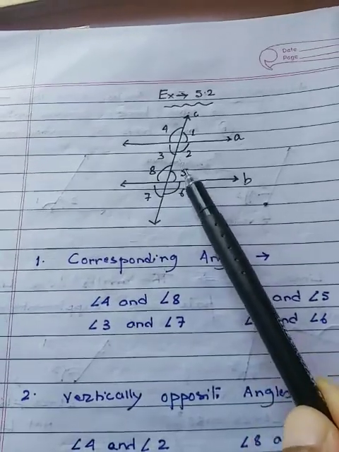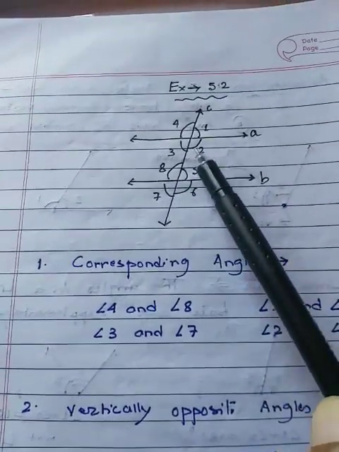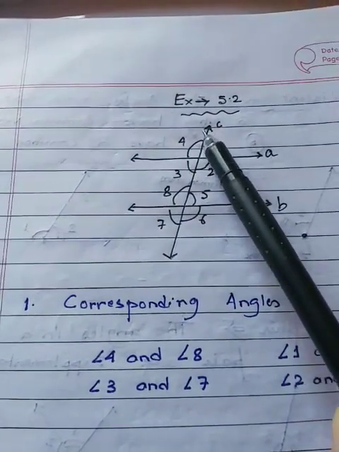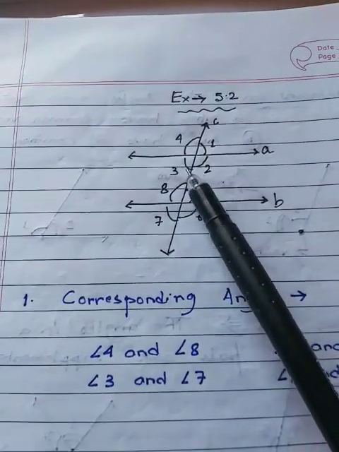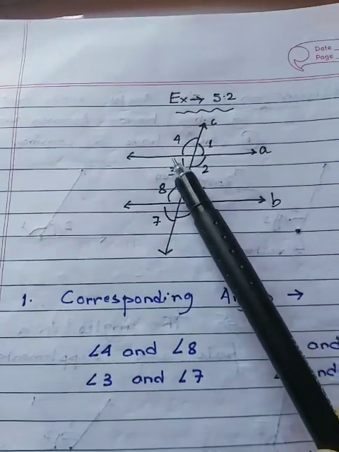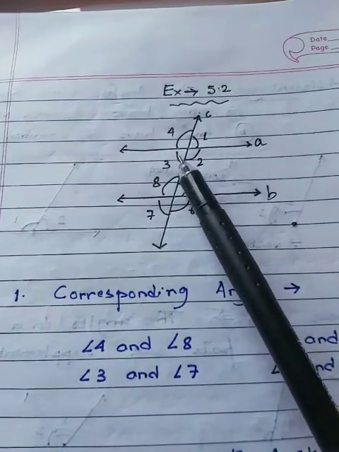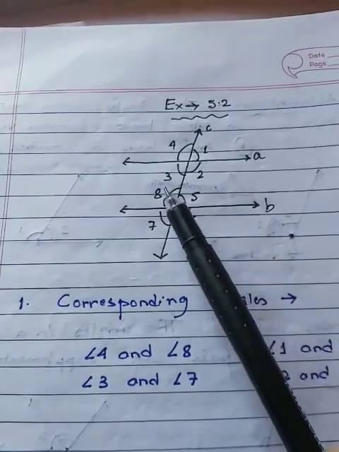This is called interior alternate angles. 2 and 8 are also interior alternate angles. See this transversal line, one angle is here, one angle is here. These are equal to each other. If it is 50 degrees, then this angle would also be 50 degrees. So angle 3 equals angle 5, angle 2 equals angle 8.